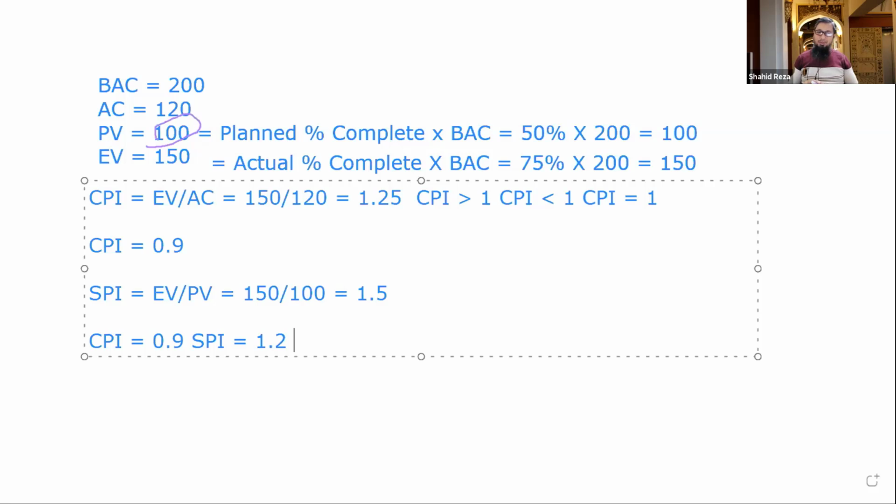Already we have expended more than our plan. Exactly. So Sadman, this can happen actually. In a single project, maybe you are expending more, but you are still ahead of schedule. You are doing good, but maybe your expenditure is higher, but your schedule is under control, right?